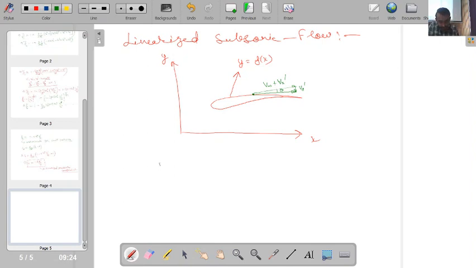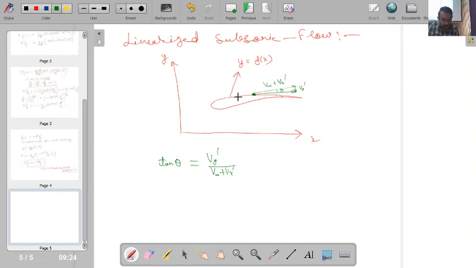Now from this I can say that tan theta will be equal to Vy dash upon V infinity plus Vx dash. Okay, and what is tan theta? Tan theta is nothing but represents the tangential direction. So it means it is nothing but the slope of this particular curve.